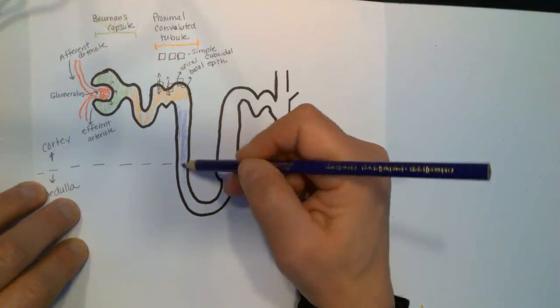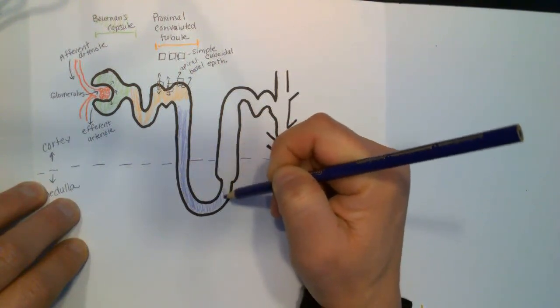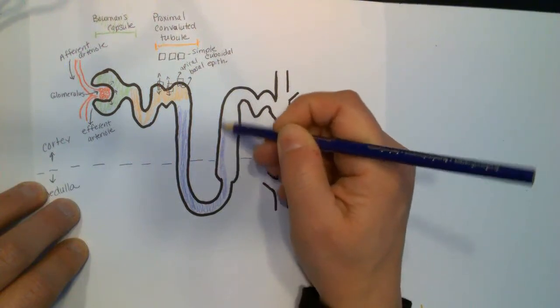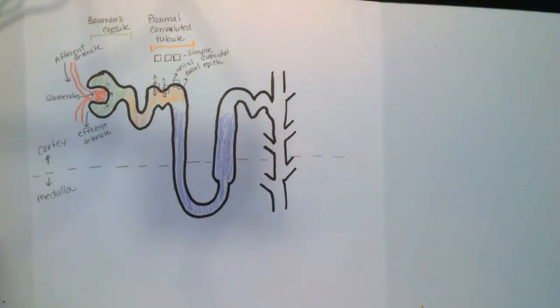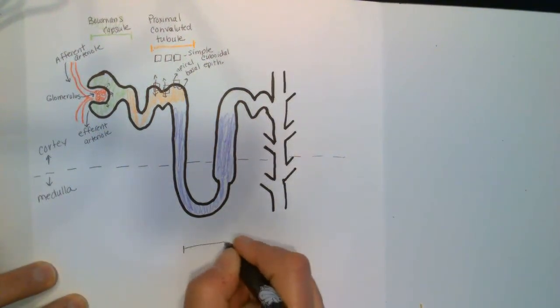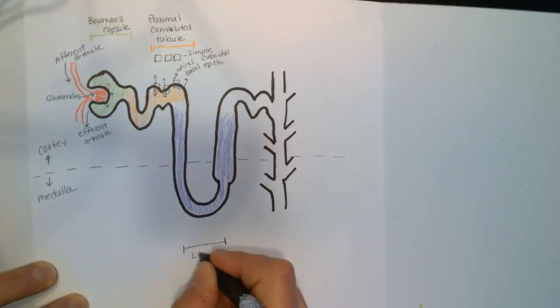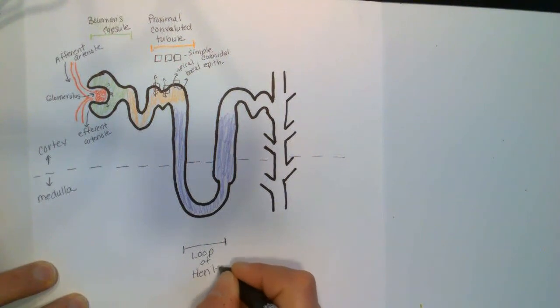And this one is actually named in a really easy and convenient way to remember, and it is called the Loop of Henle. So looking down this way, this is called the Loop of Henle.